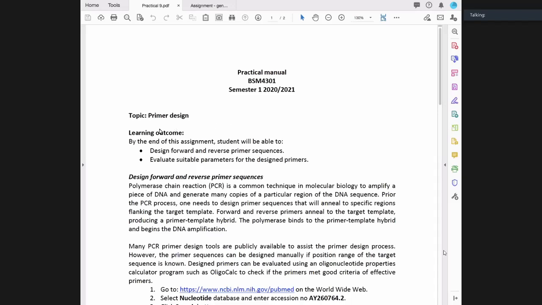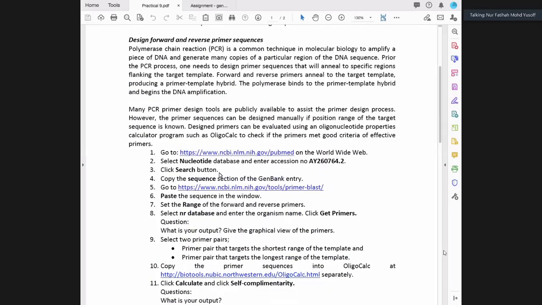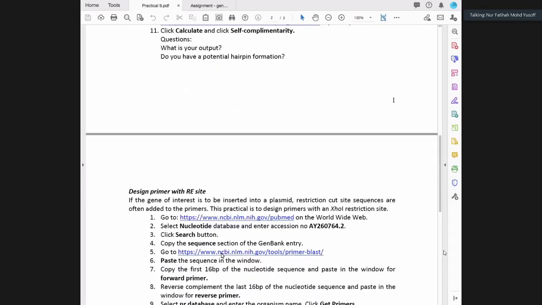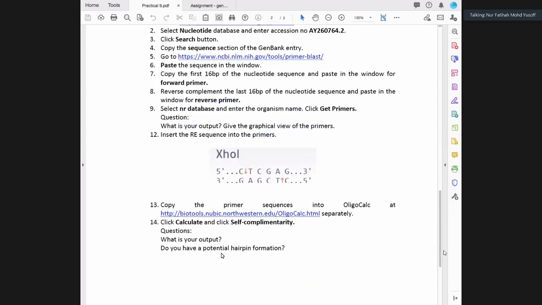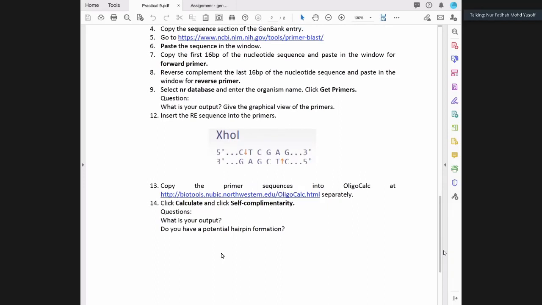The topic is primer design. The learning outcome is to design forward and reverse primer sequences and evaluate suitable parameters for the design primers. This is quite straightforward. You just need to go through all of this step by step, and then there is an additional part where you need to do the validation of the primers that you have designed.